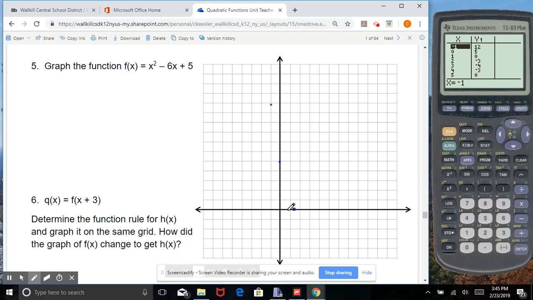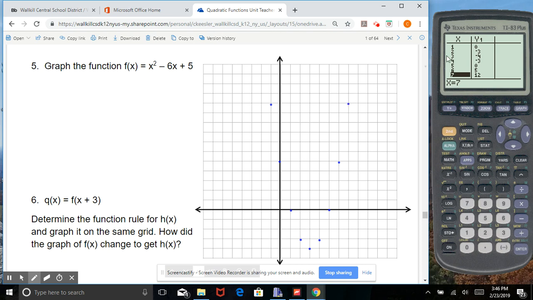Then 1, 0, then 2, -3, 3, -4, 4, -3, 5, 0. There are roots at 1 and 5. Then 6, 5, and 7, 12.